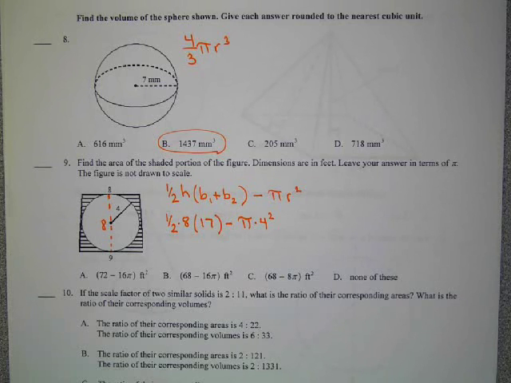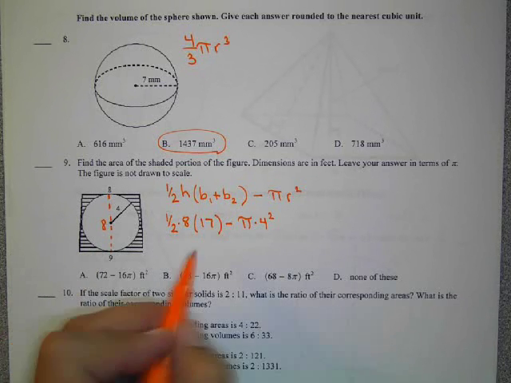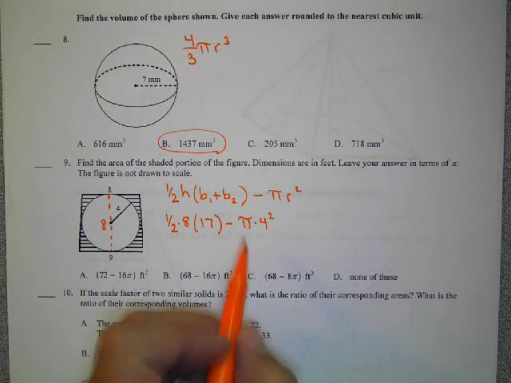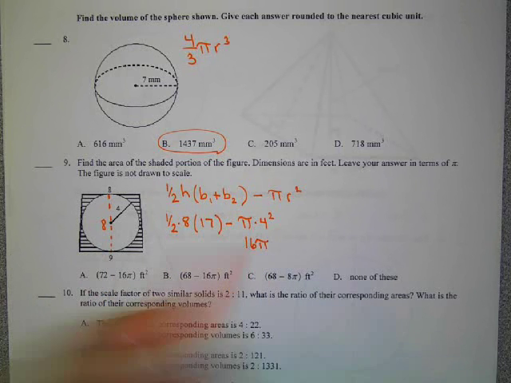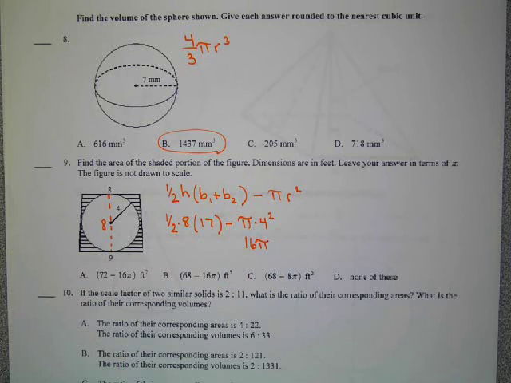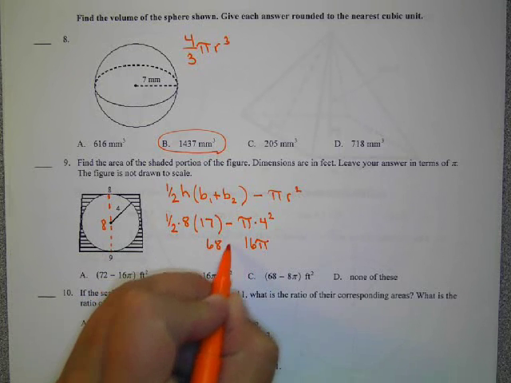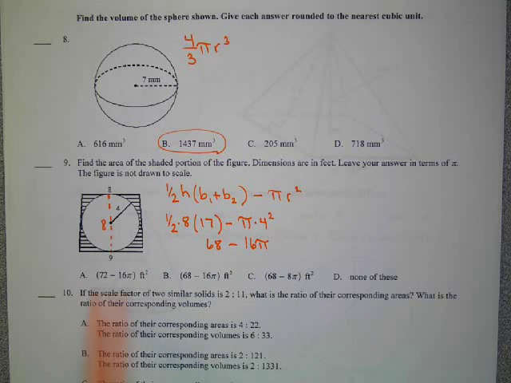So this is 16 pi, and then you have 4 times 17, which is 68. So the correct answer, without having finished it completely, is 68 minus 16 pi.